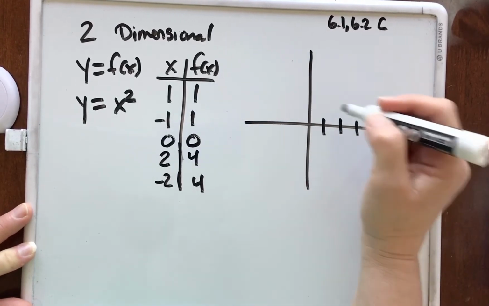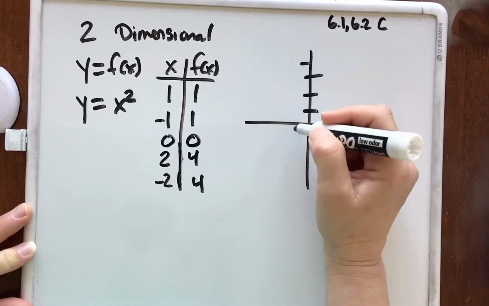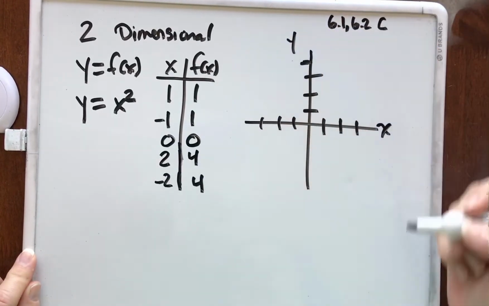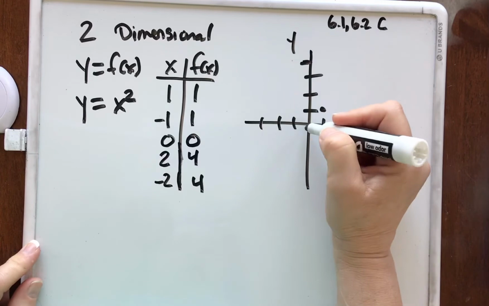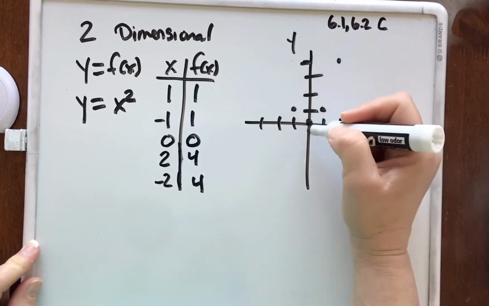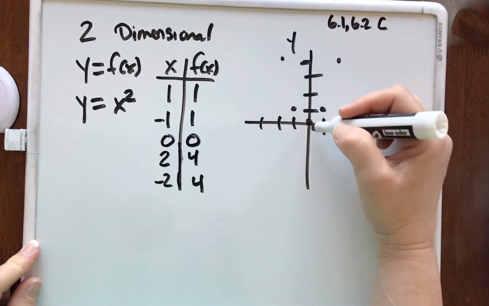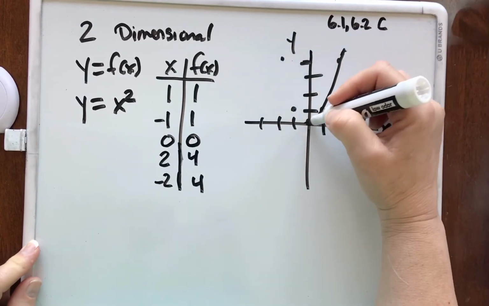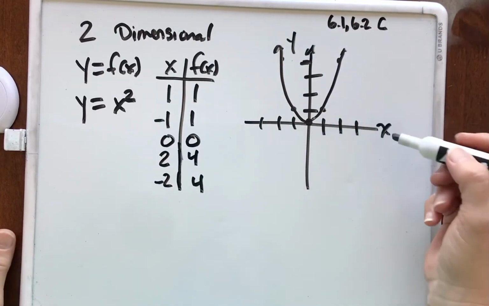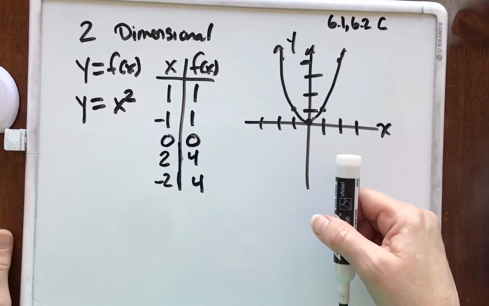Here's our x, here's our y, and we graph our points: 1, 1; -1, 1; 0, 0; 2, 4; -2, 4. We've done this before. Notice this is 2-dimensional. We have an x-axis and a y-axis.